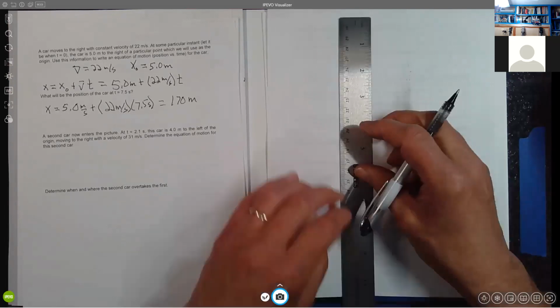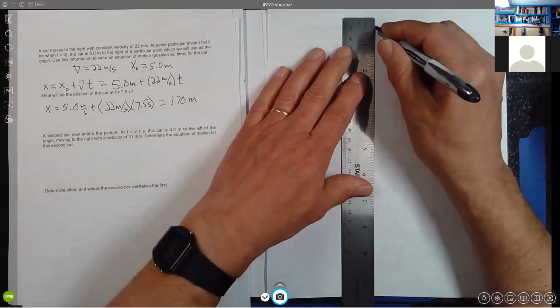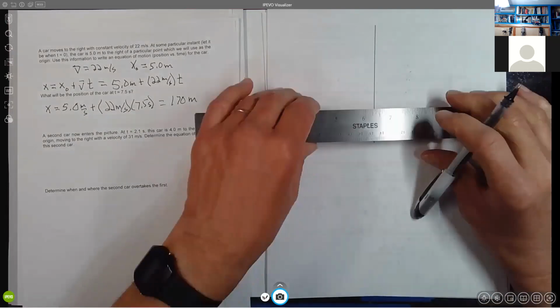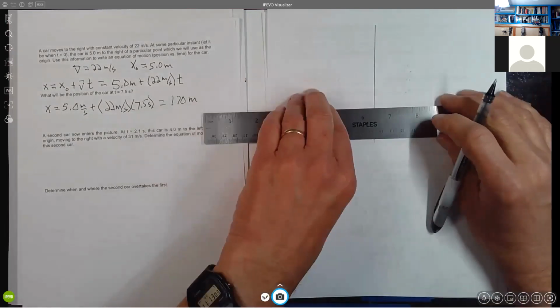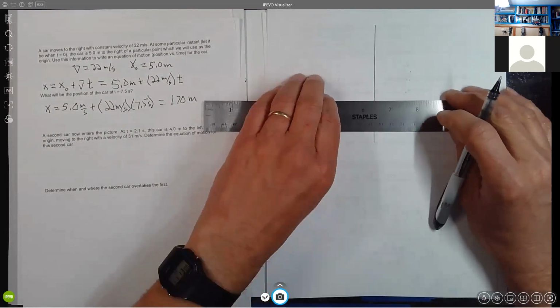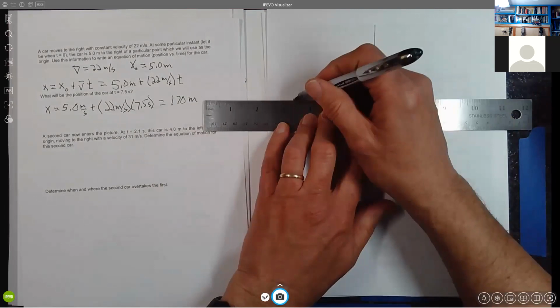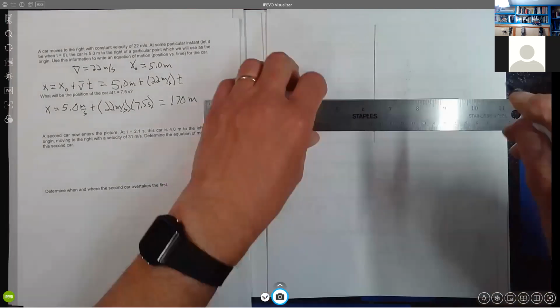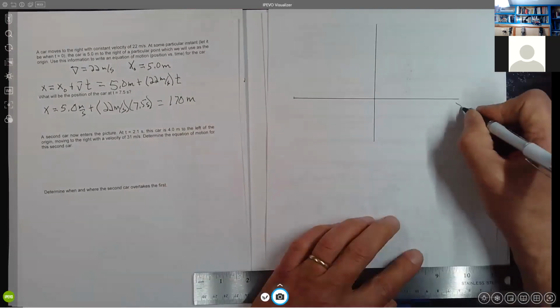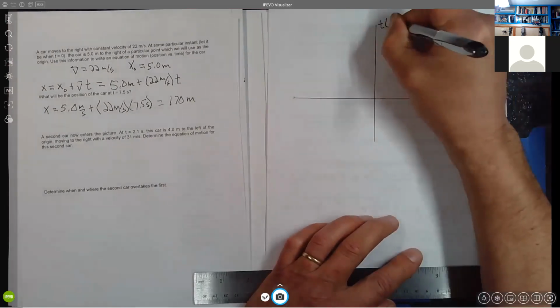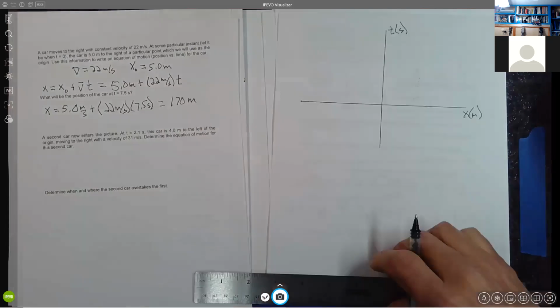So I'm going to make an axis in this case. Maybe I do need some negative x values on this. Oh yeah, I do, because it's to the left. So here is x in meters. Here's t in seconds, and since I don't actually have divisions on here, I'll just do a sketch.